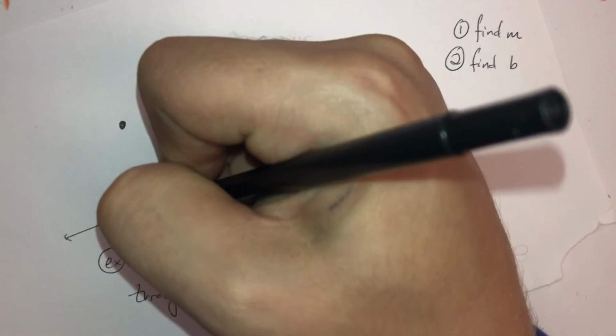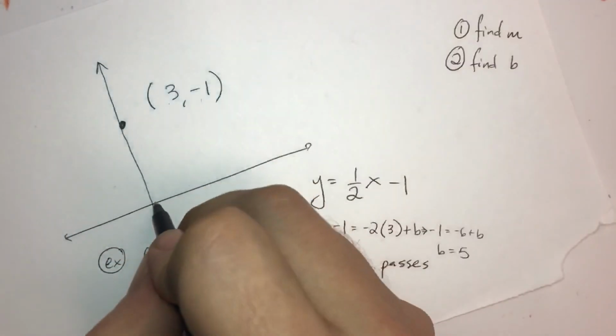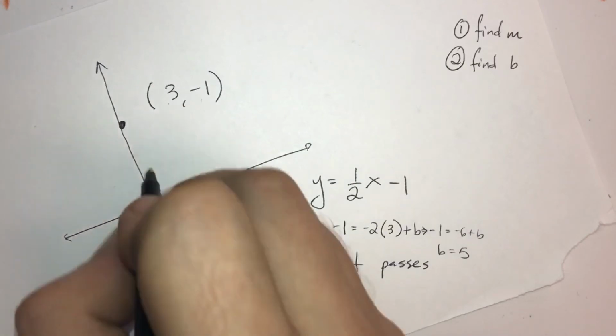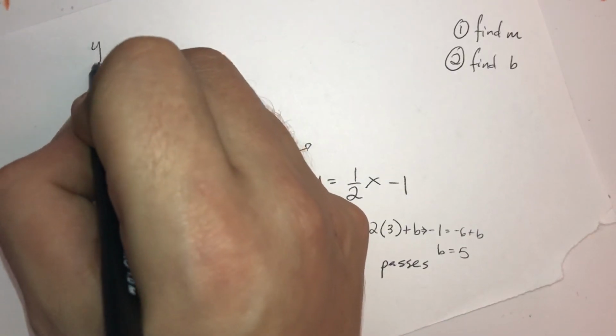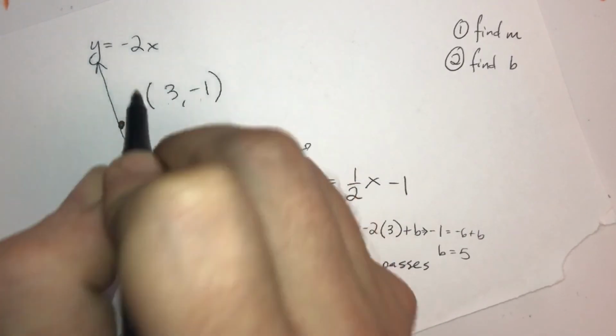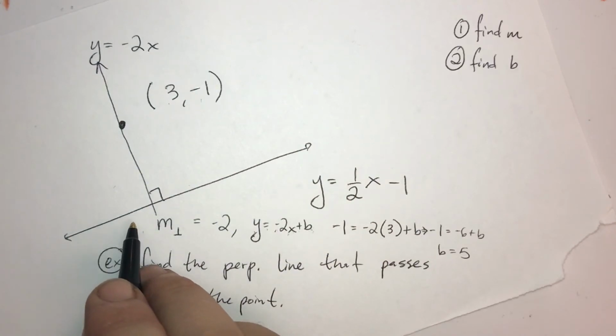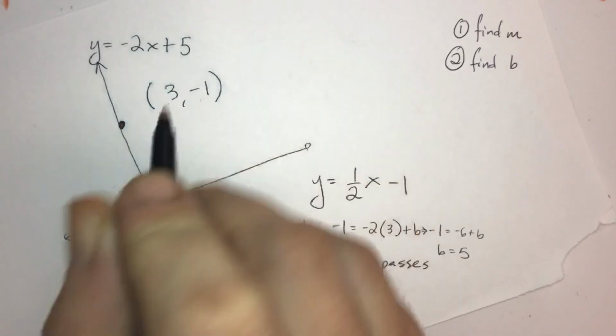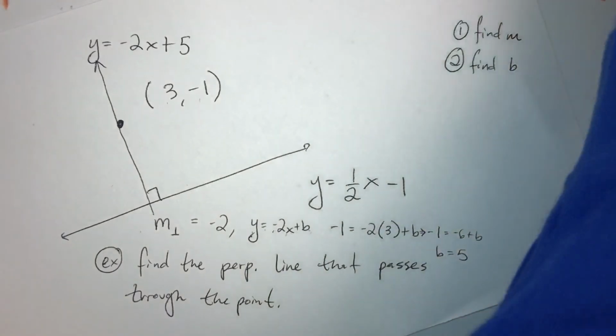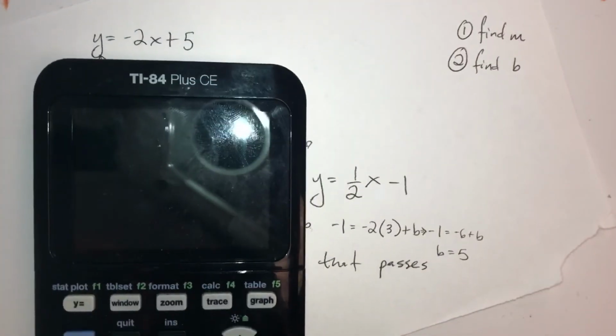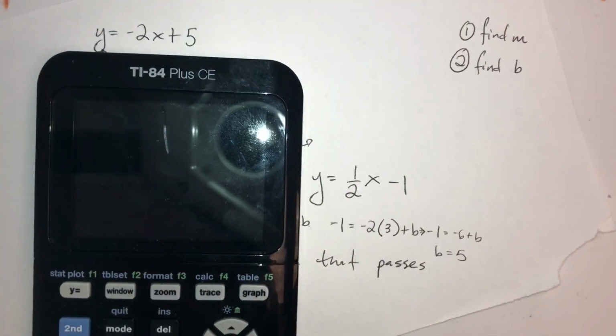So my perpendicular line, which meets at a right angle, is the line y equals -2x plus 5. All right, and let's go ahead and just plug these two lines into our calculator to be sure.